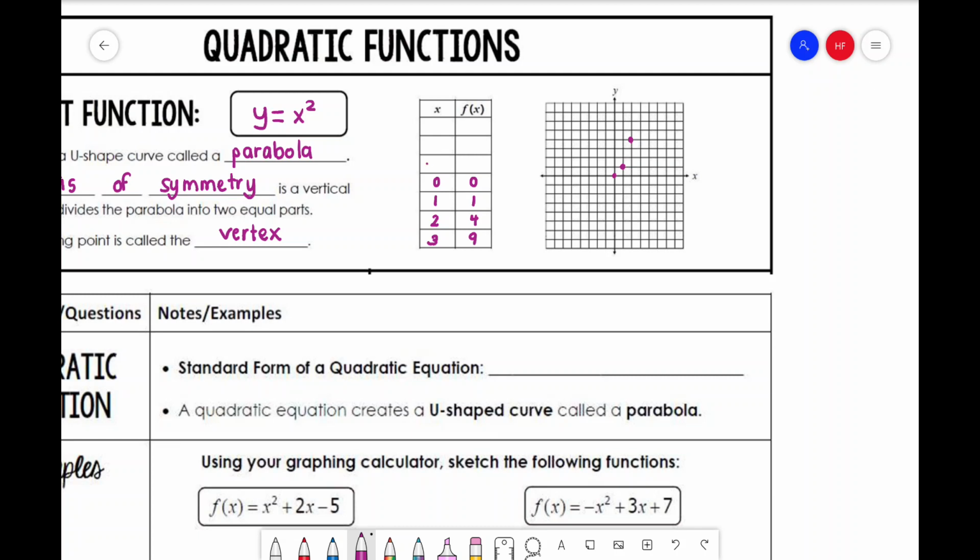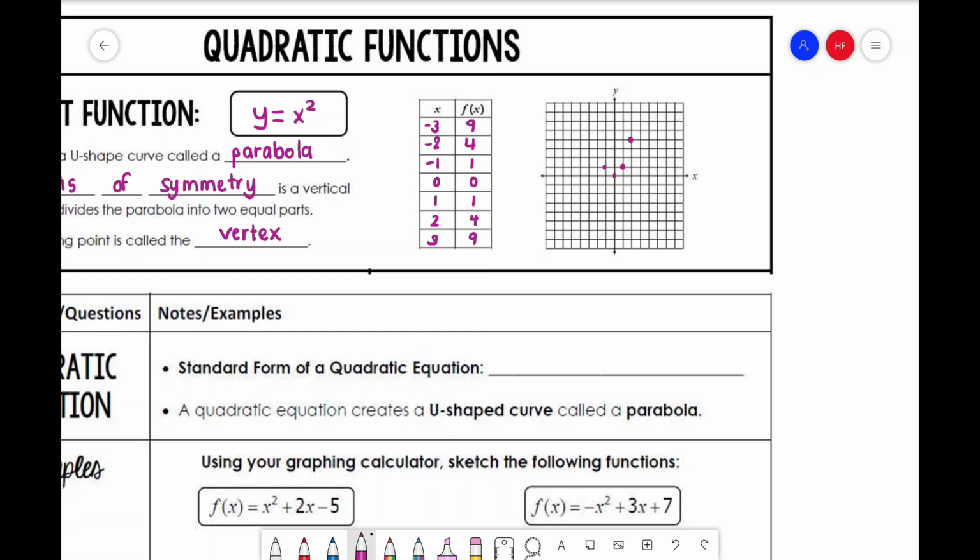And then the negative of that: negative 1 squared is negative 1 times negative 1, which is going to give me a positive 1. Negative 2 squared is negative 2 times negative 2, which gives me a positive 4. And then negative 3 times negative 3 gives me positive 9.